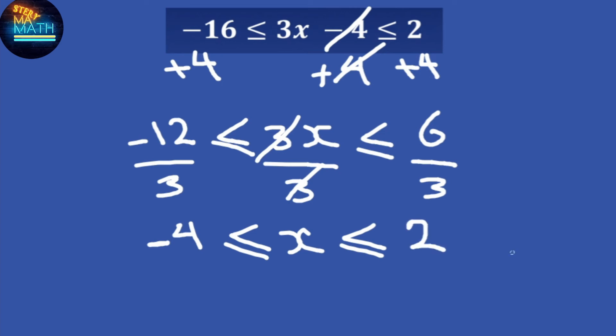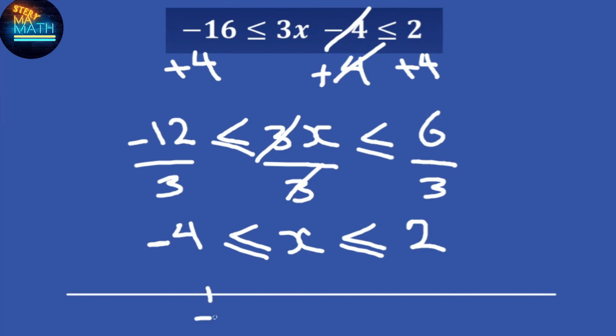And if you want to represent it on the number line, I will draw a number line here. Negative 4 on the left and 2 on the right. And all numbers between negative 4 and 2, you will shade. But because you have an equal sign underneath the greater than, you will shade the circle. And also here, you will shade the circle because you have an equal sign underneath the less than.